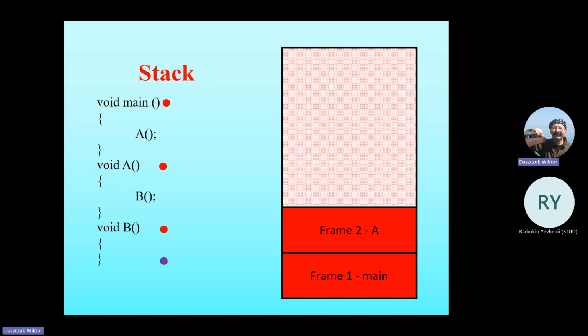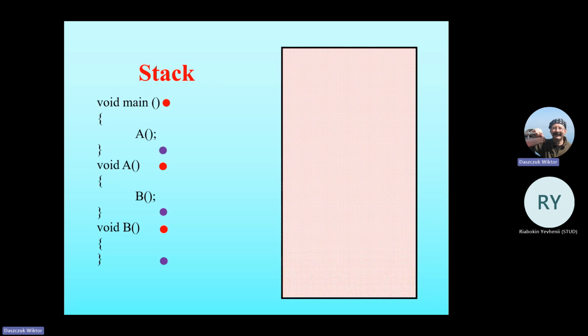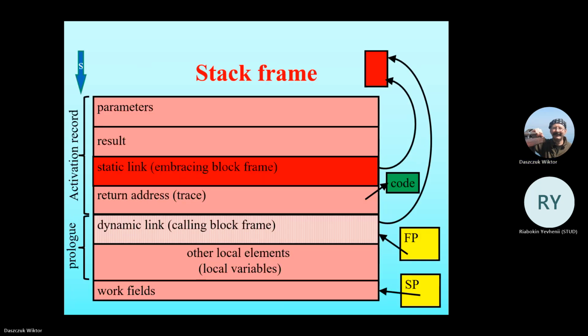When we reach the end of A, the frame of A is deallocated from the stack. And finally, when the program finishes, the main frame disappears. This is the structure of the stack frame. Here we see that, as in Intel, the stack grows towards smaller addresses.